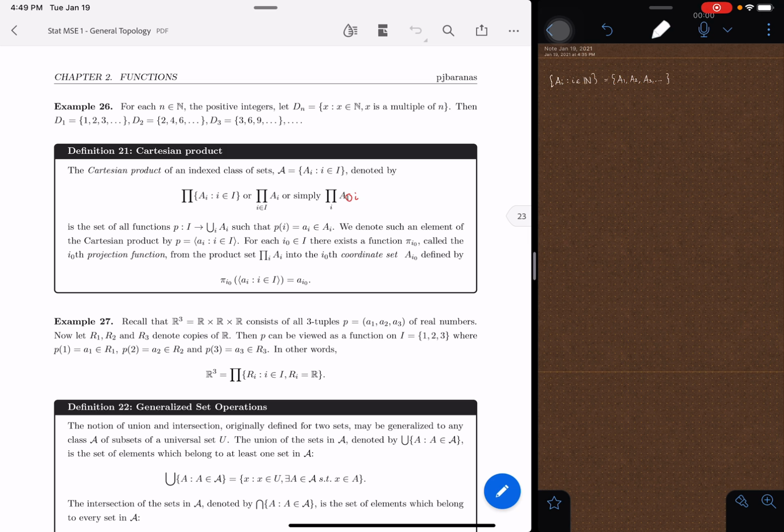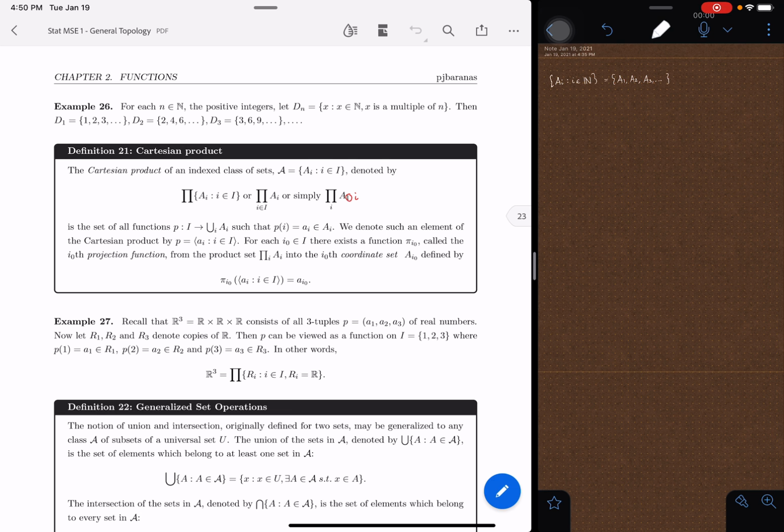In that case, d1 is just the set of natural numbers, d2 is the set of positive even integers, d3 is the set of all positive multiples of 3, etc.